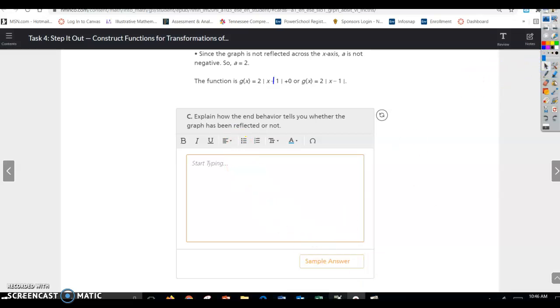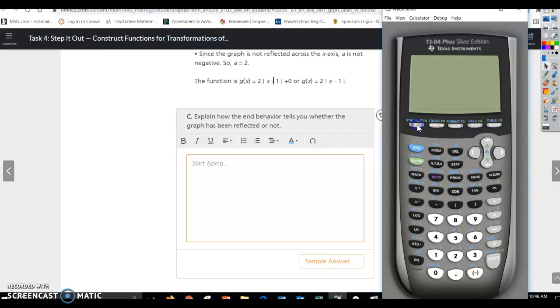If you want to graph this function, go to y equals, and 2 times the absolute value. If you hit math and arrow over to where it says number, the first one is absolute value, so hit enter, and then x plus 1.